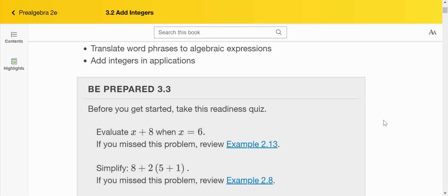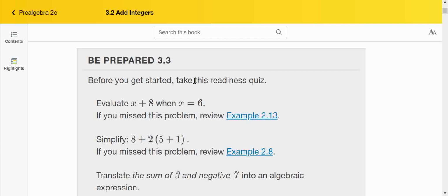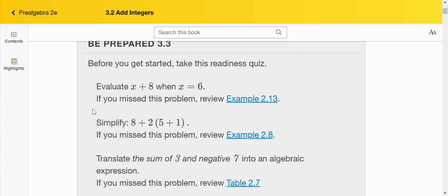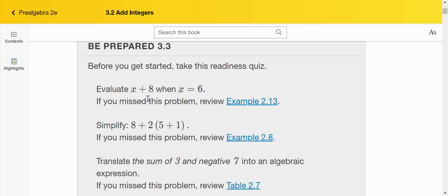Be prepared. 3.3. Before you get started, take this readiness quiz. Evaluate x plus 8 when x equals 6. If you missed this problem, review example 2.13.